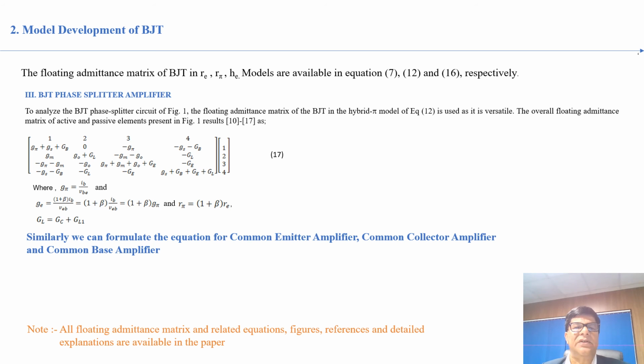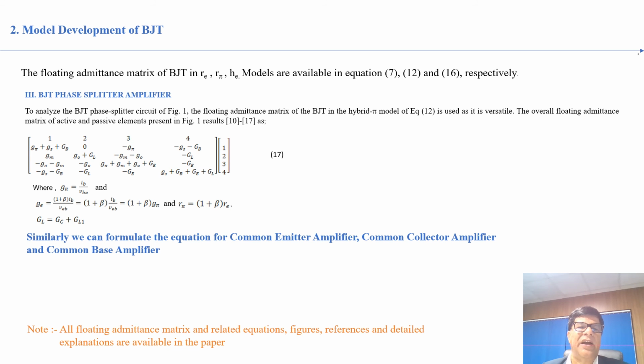To analyze the BJT phase splitter circuit of figure 1, the admittance matrix of the BJT in the hybrid pi model of equation 12 is used as it is versatile. The overall floating admittance matrix of the active and passive elements present in figure 1 is defined in reference 10 to 17, as given in equation 17.